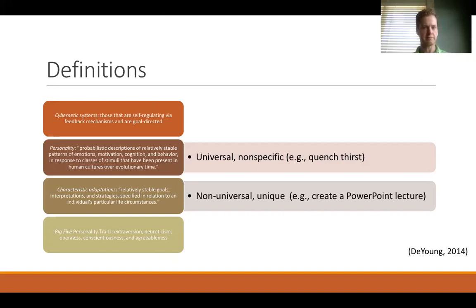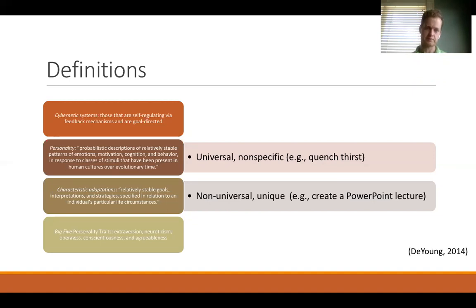So they are relatively stable. And he mentions evolution here. With that, what he's trying to nod to is that these are universal, non-specific traits. These are traits of humanity, not individuals. And so, again, quenching thirst is something that everyone experiences.